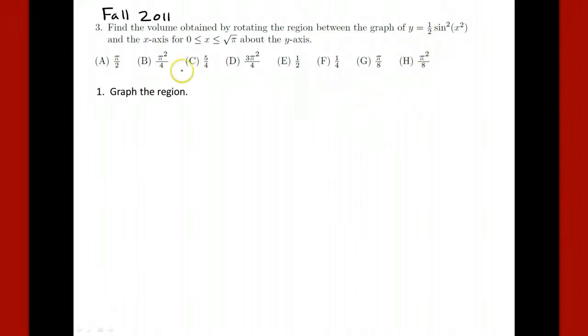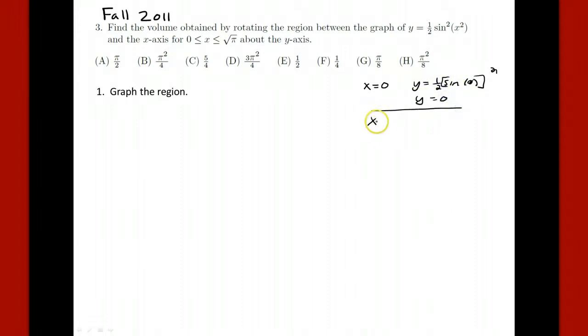And so when x is 0, you have to figure out what y is. So y would be 1/2 the sine of 0 squared. Sine of 0 is 0, so y would be 0.